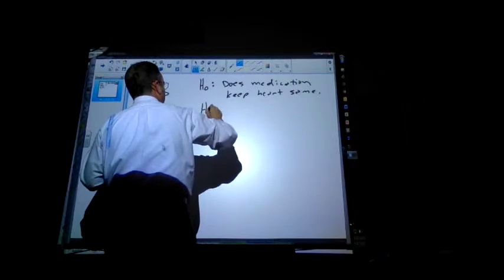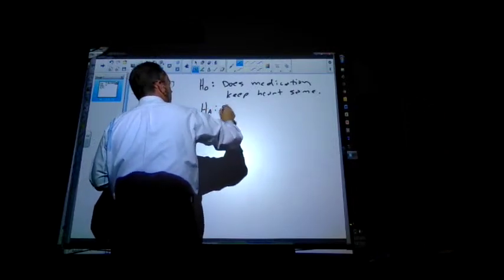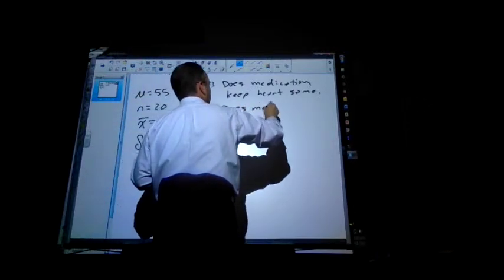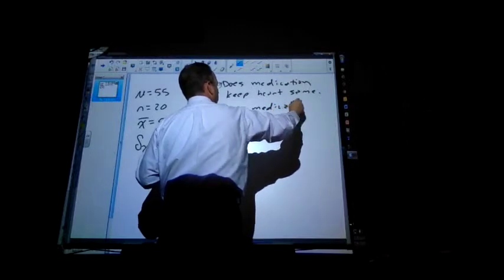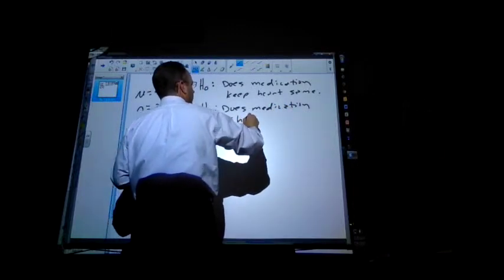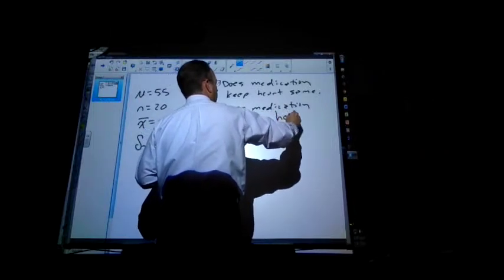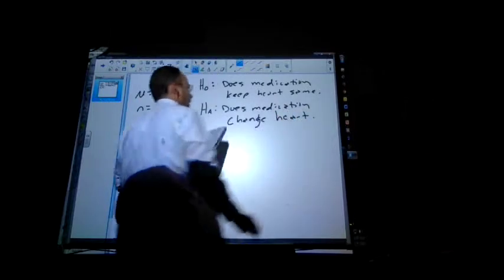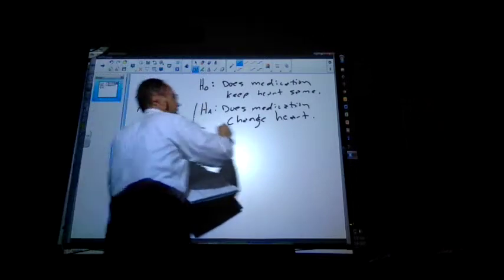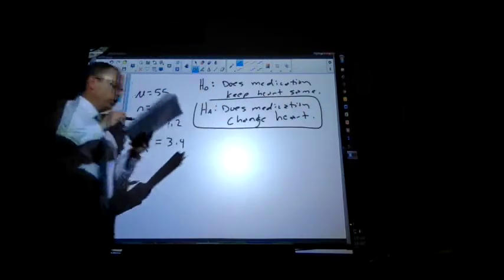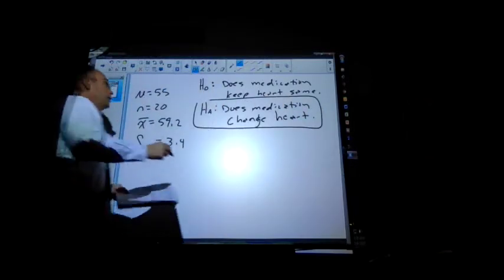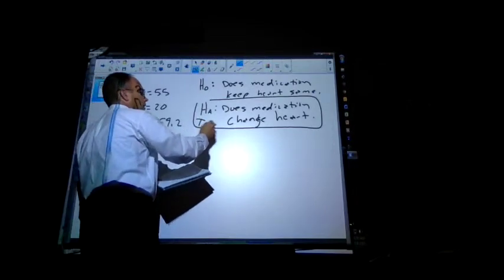The alternative, what we're testing, is: does medication change heart rate? Okay? So this would tell you, as well as using the word effect, that we're going to use two-tail.